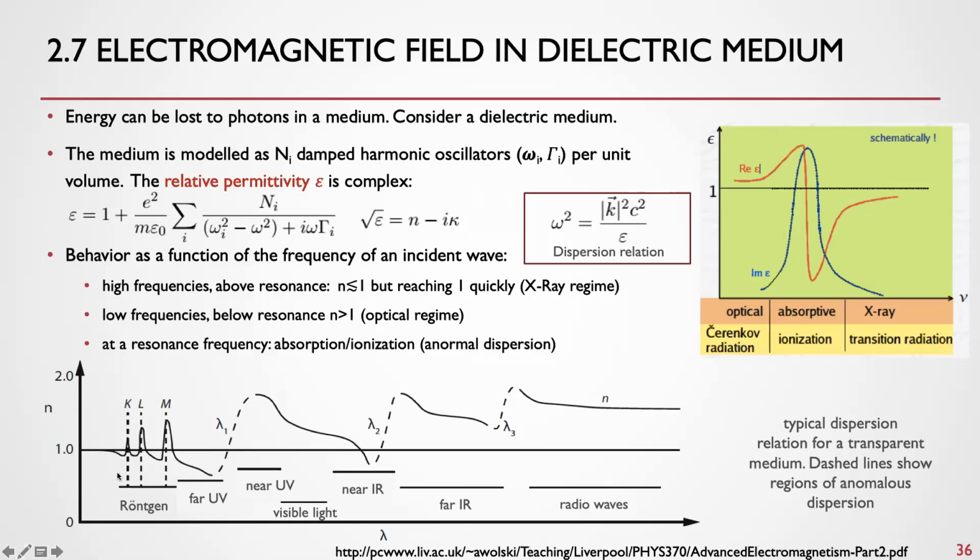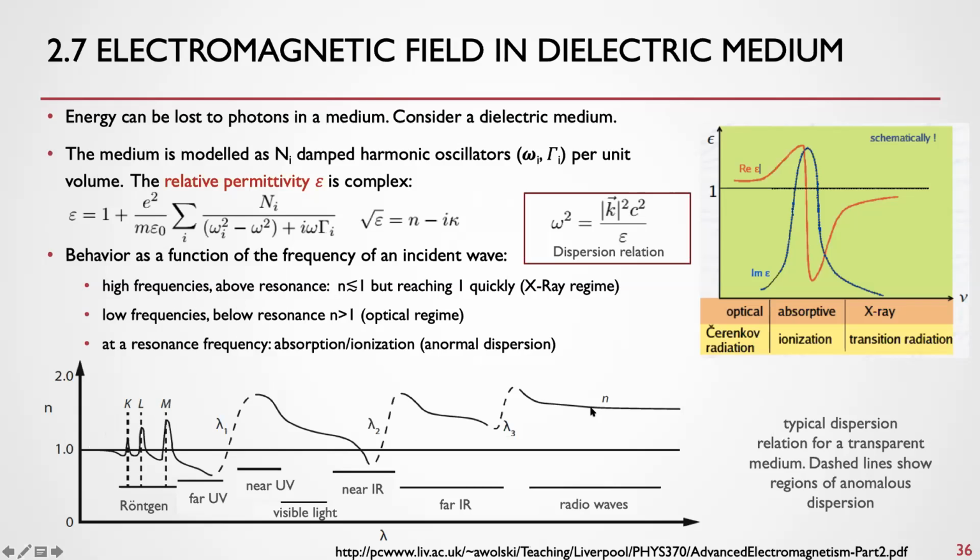So high energies are here to the left. What we are seeing is that for very high frequencies, above all atomic and molecular resonances, the n, the refractive index, is smaller than 1, but it is very close to 1. It very quickly approaches 1. This is because very high frequency waves cannot excite oscillators. They are practically traveling through vacuum with very small interactions with the atomic and molecular modes.